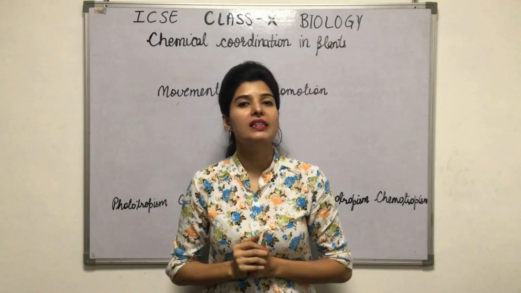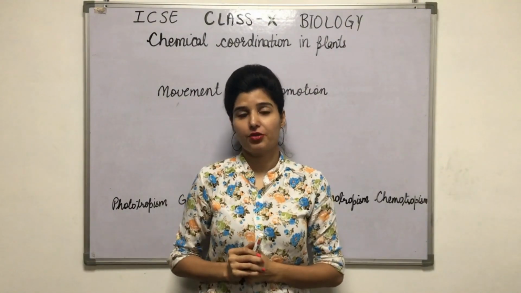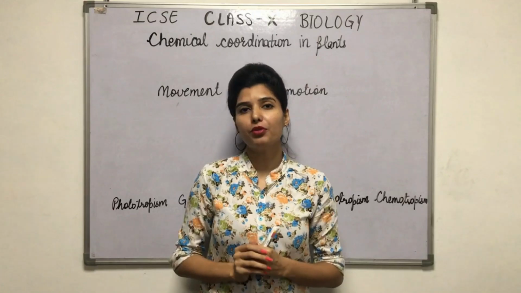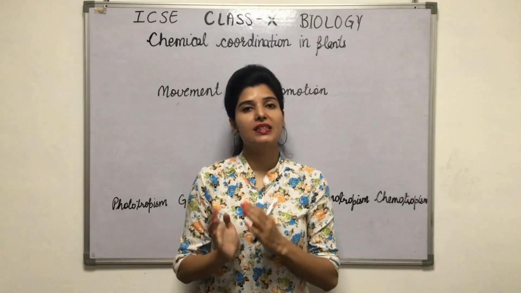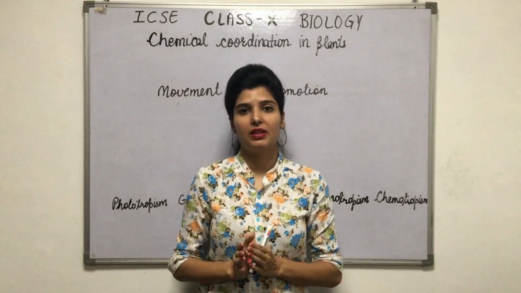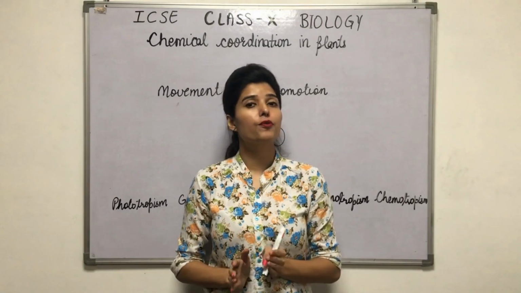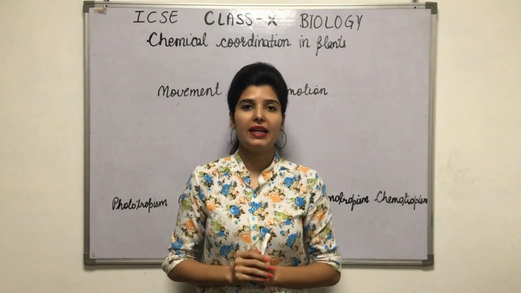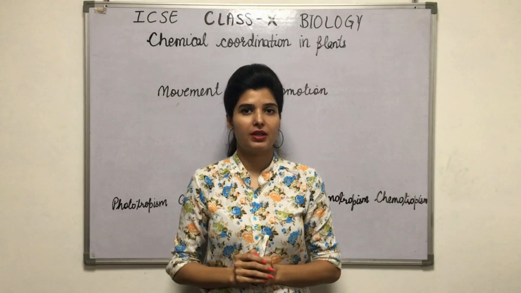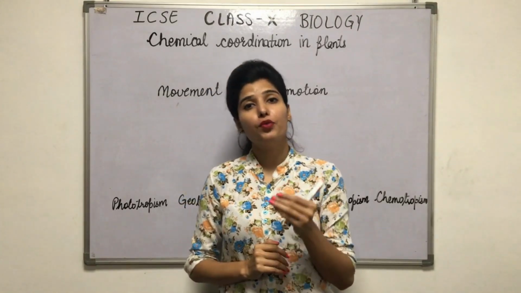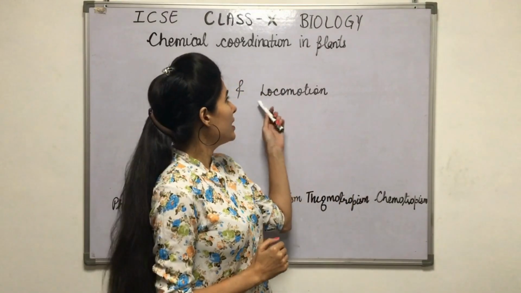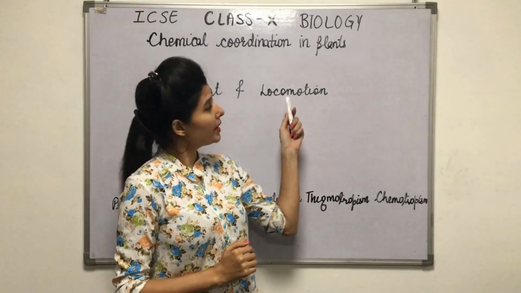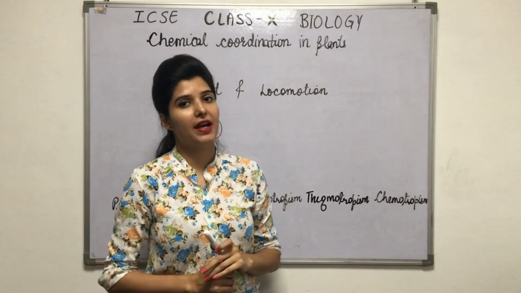So we are on the second part of this video. Students, you have to remember that there is a difference in plant and animal. Plants cannot move from one place to another, but animals can. And that movement from one place to another is called locomotion. So it takes place only in case of animals.